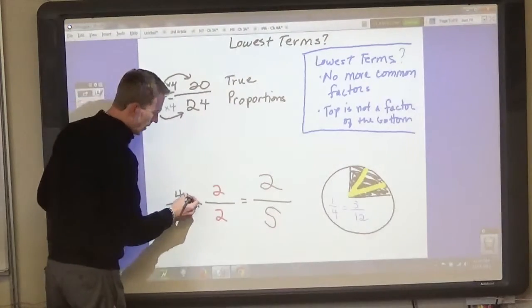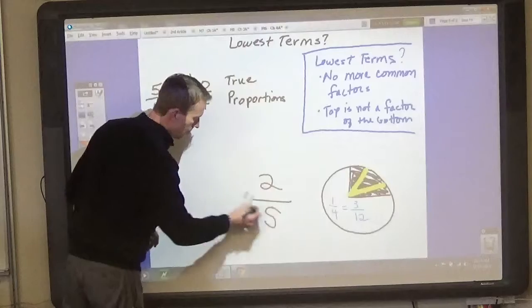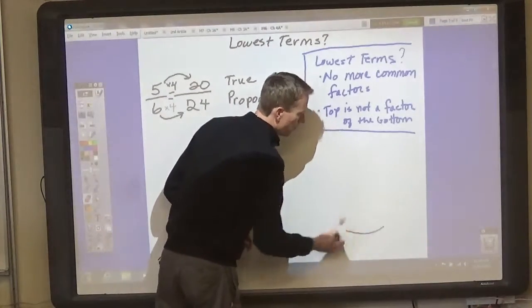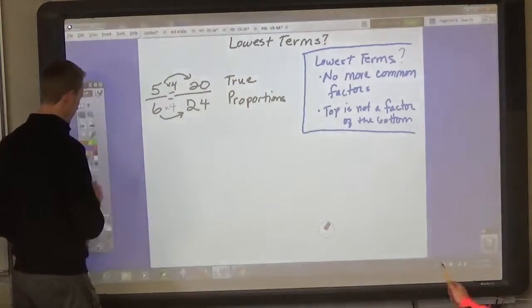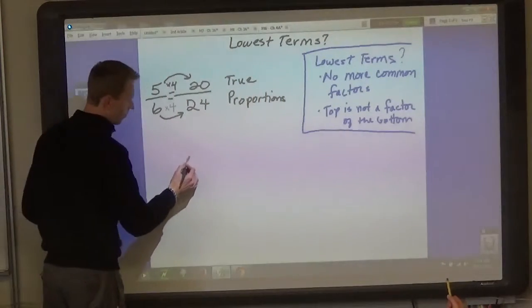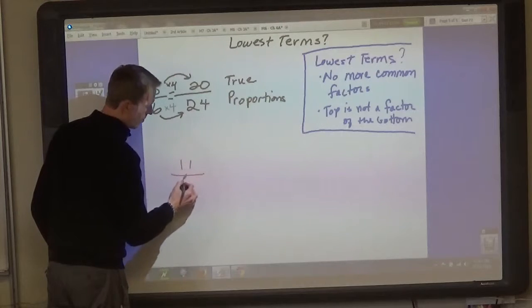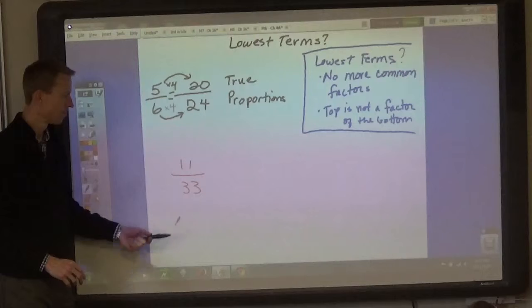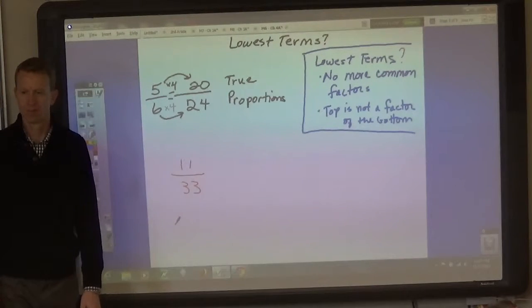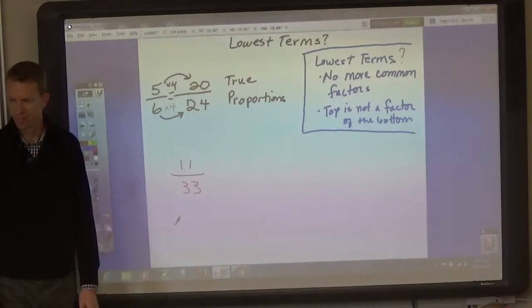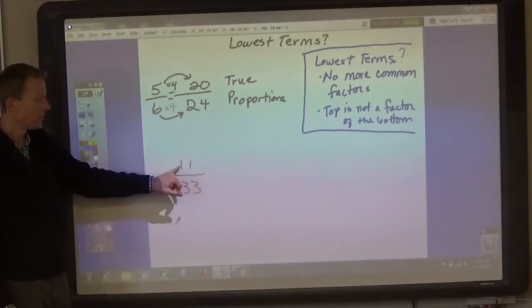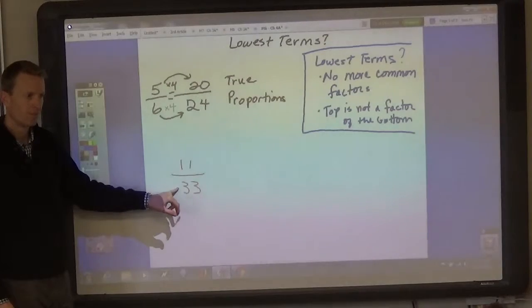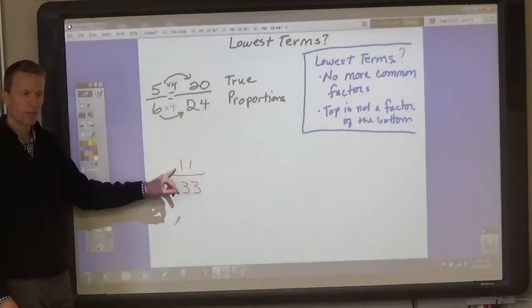Let me put some different examples up there. Now, look at this fraction. Is 11 a prime number?